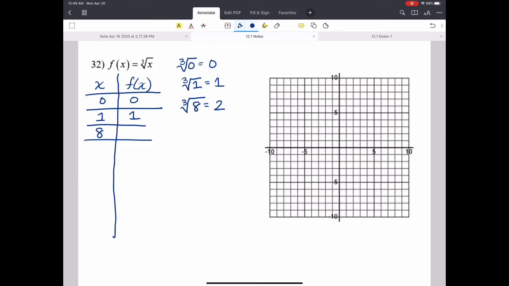Now, one thing that you're allowed to do is put negative numbers in there as well. Well, the cube root of negative 1 is also going to be negative 1, because think about it, negative 1 times negative 1 times negative 1 equals negative 1.